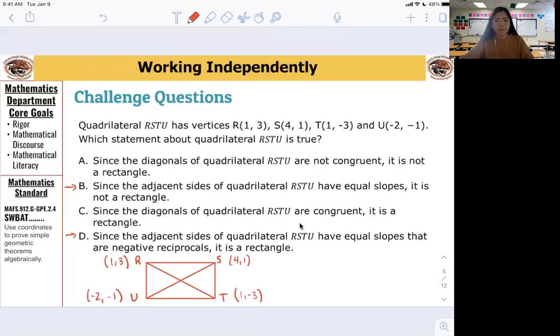Okay, here we go. Let's start by checking, well, they're both talking about the adjacent sides. So what two sides can I check that are adjacent? Someone give me two adjacent sides. RU and ST. Those are opposite sides, not adjacent.